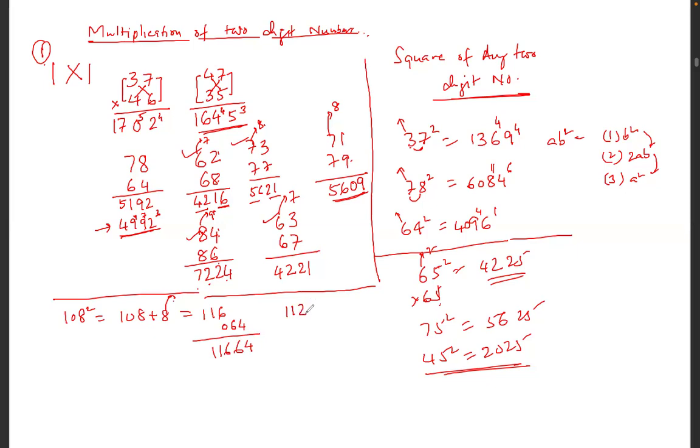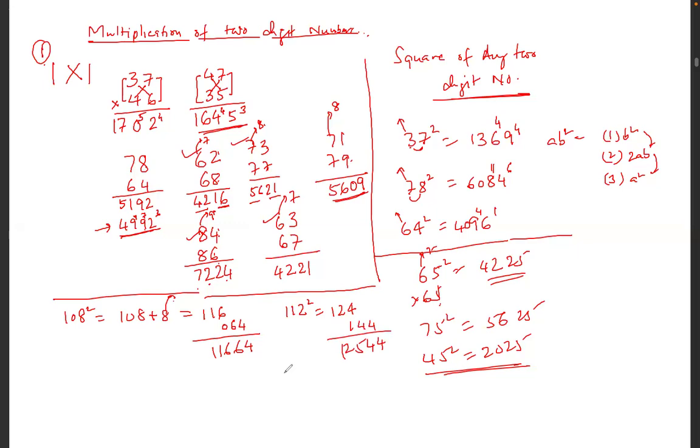Now 112 square. 112 plus the excess over 100. That's how much? 12. So 112 plus 12 is equal to 124. Right? Then 12 square is 144. So it is in 3 digits. So write from here 144 and then add up: 12544.